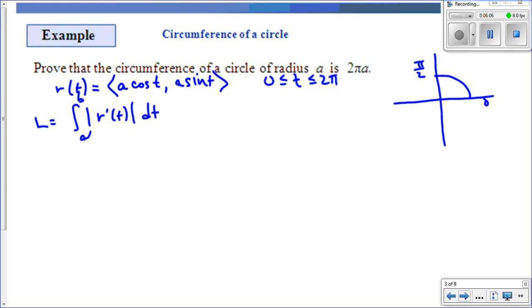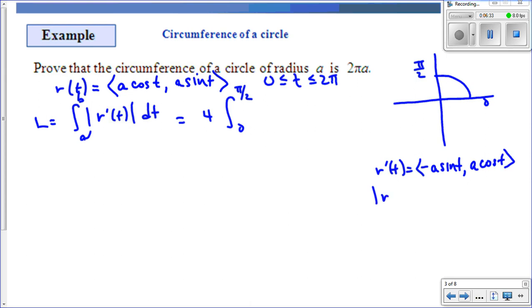So let's take 4 times the integral from 0 to pi over 2, and we need to find the magnitude of r prime. Well, if r is a cosine t, a sine t, r prime is negative a sine of t, a cosine of t.